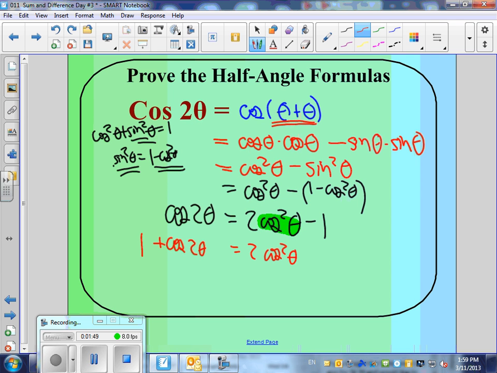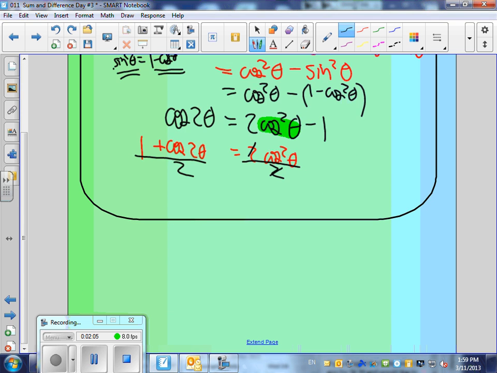Now what do you want to divide by? How about divide by 2? So now I just have cosine squared theta equal to 1 plus cosine 2 theta over 2.